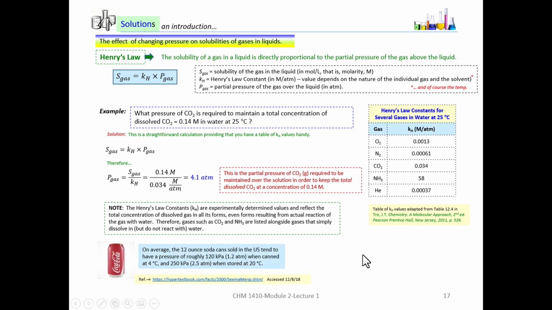So if you look at a Coca-Cola can, on average, the 12-ounce soda can sold in the US tend to have a pressure of roughly 120 kilopascals of CO2.